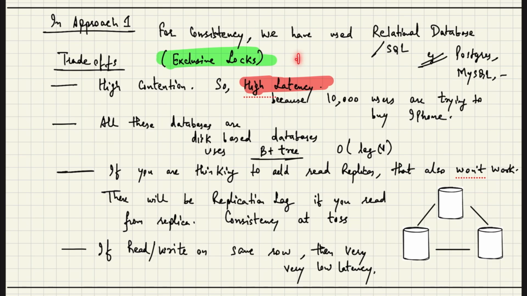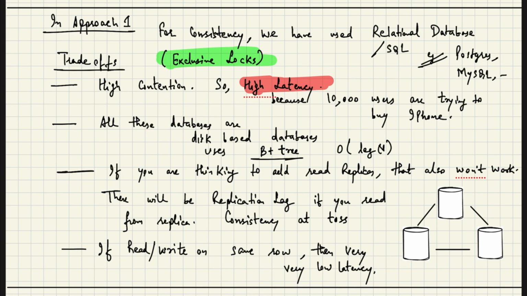For example, the row is 1 iPhone, and 10. It is a single row, right? On this particular row, only one transaction can acquire a lock. All the other transactions would wait at the database side. This is all happening at the database side. Once another transaction sees that the lock has already been acquired by some other transaction, it would wait.